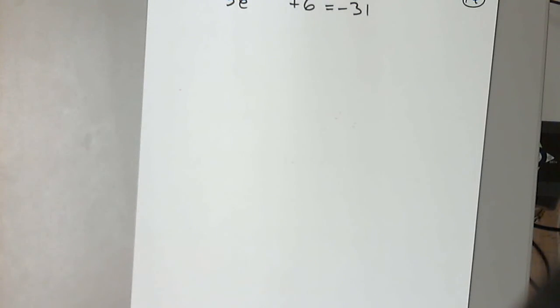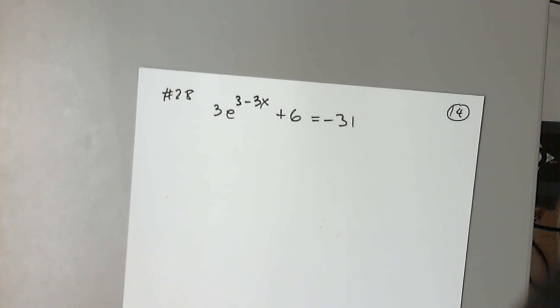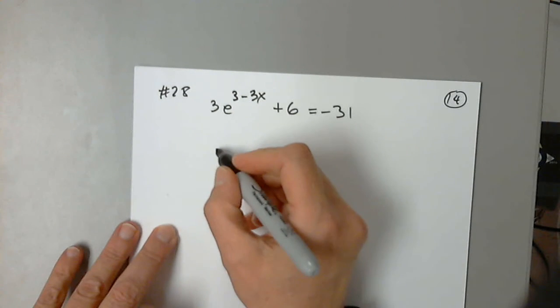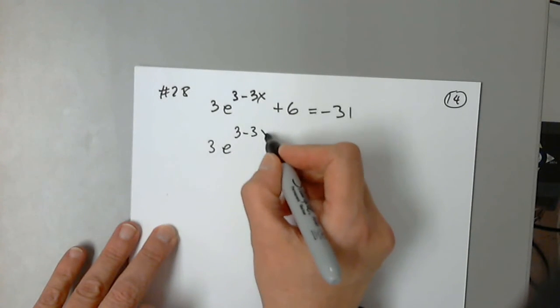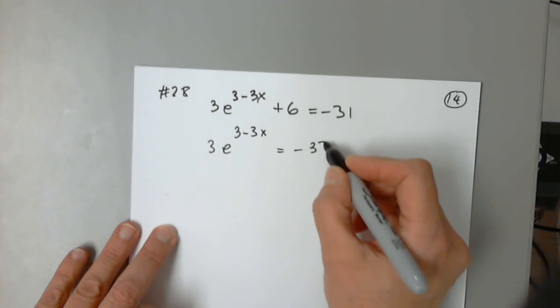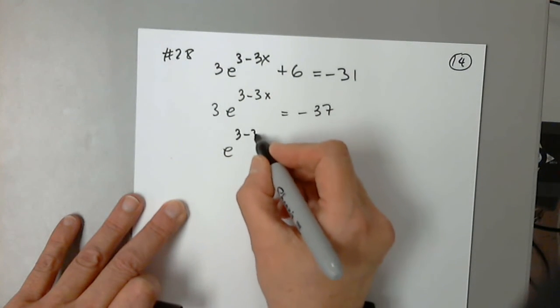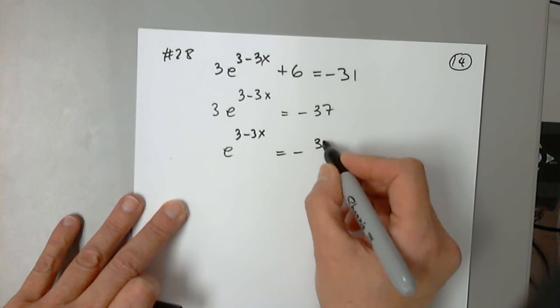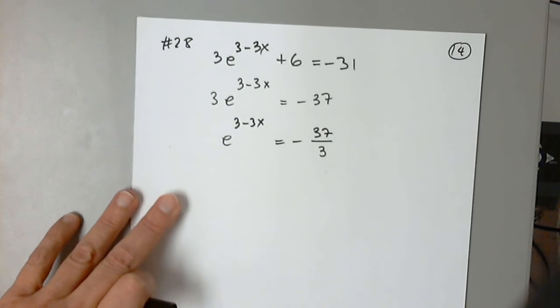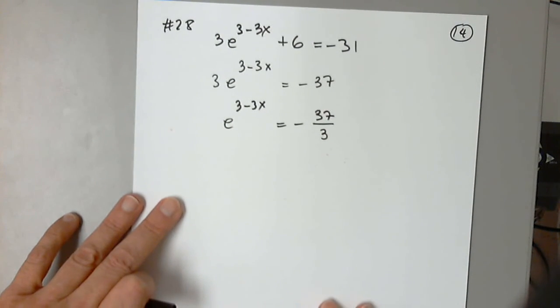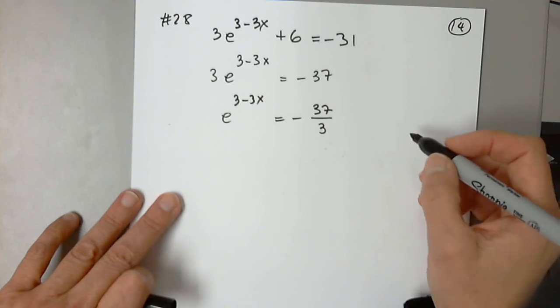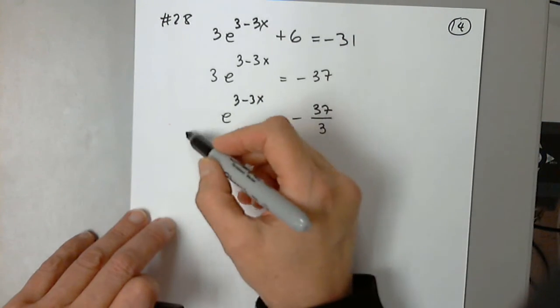So 3e to the 3 minus 3x equals negative 37. Yes, of course. e to the 3 minus 3x equals negative 37 divided by 3. And now natural log.